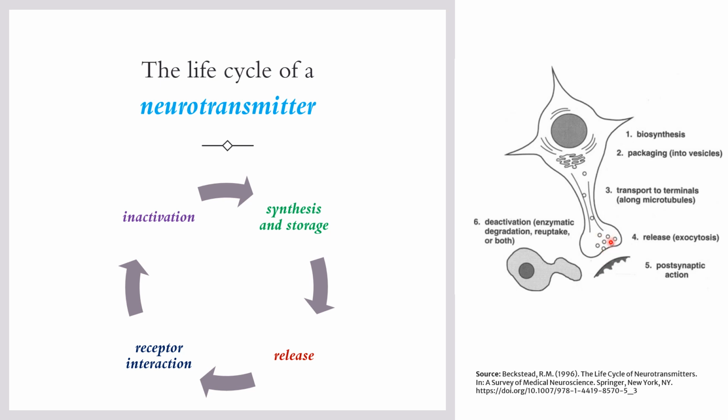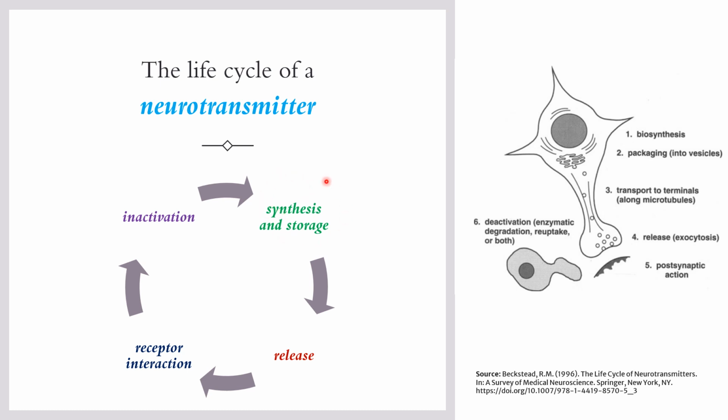But how many vesicles with neurotransmitters are there? Are they ending? At what point are they made? Who is making them? So we will discuss that here.